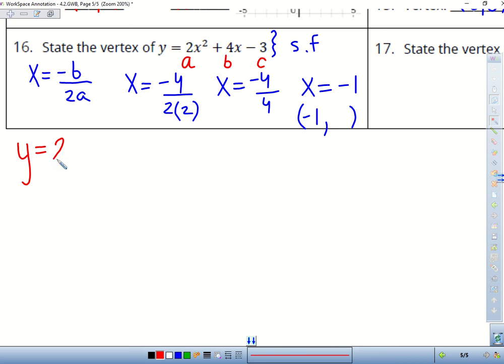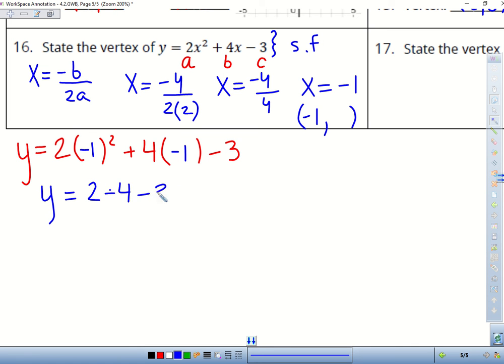So we take the equation and we replace all of the x's with negative 1. That comes out to be y equals minus 4 minus 3, which gives us y equals negative 5. And that's our vertex.